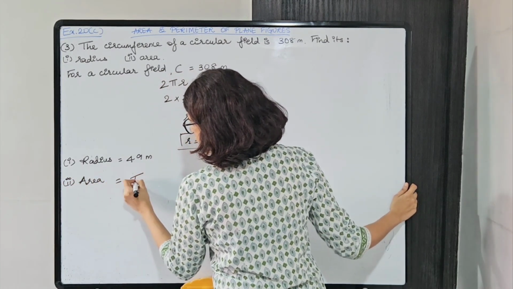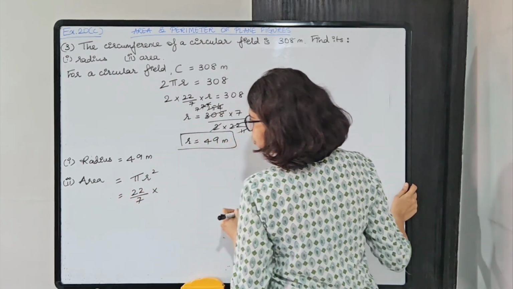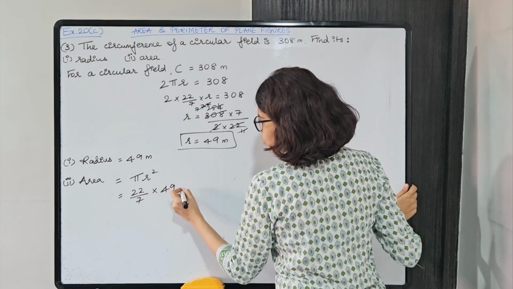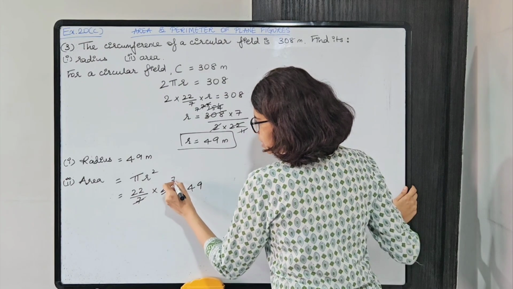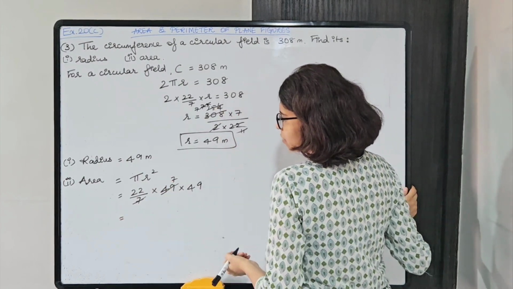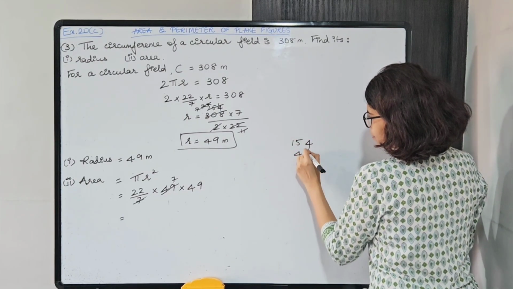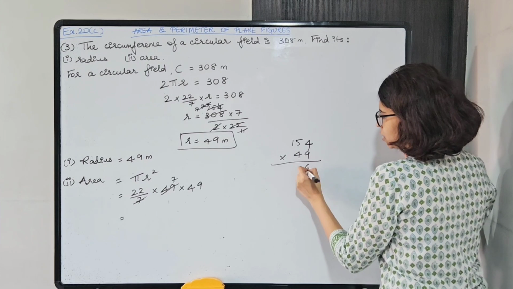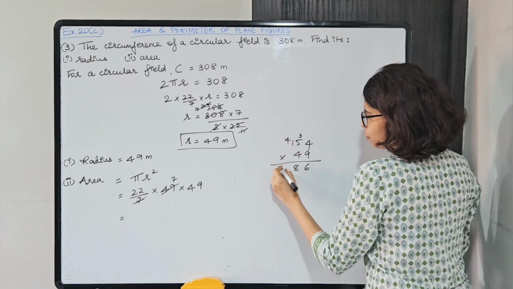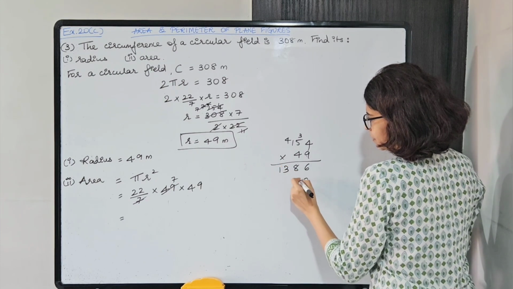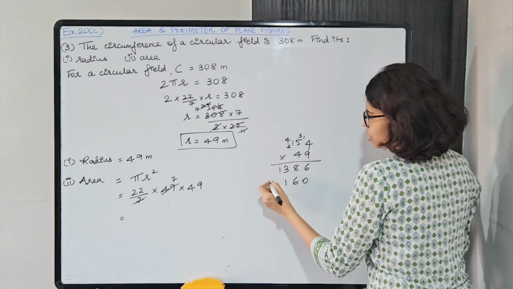Area of the circle is pi r squared. So it is 22 upon 7 into r is 49. So 49 का square, which is 49 into 49. 7 7s are 49. So that gives 154 into 49. 9 4s are 36, 9 5s are 45 plus 3, 48, 9 plus 4, 13. 4 4s are 16, 4 5s are 20 plus 1, 21, 4 1s are 4 plus 2, 6.